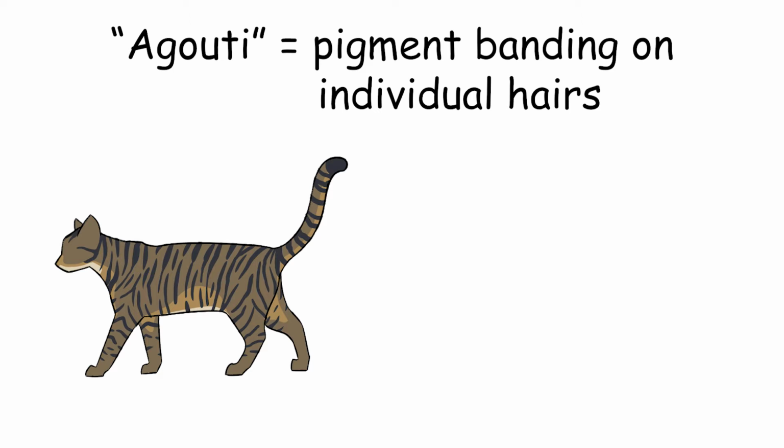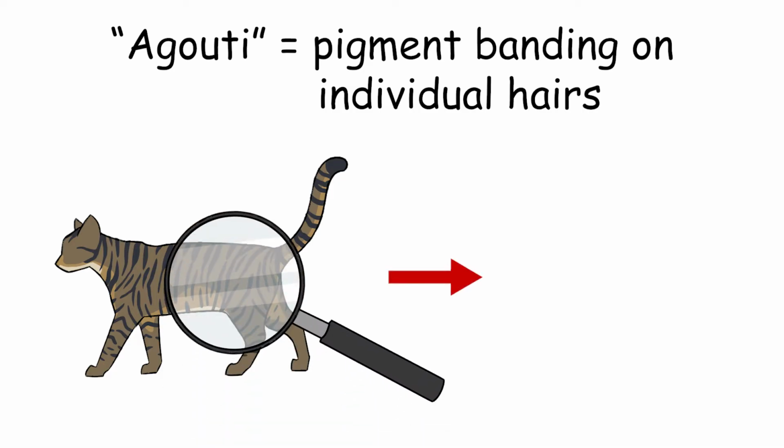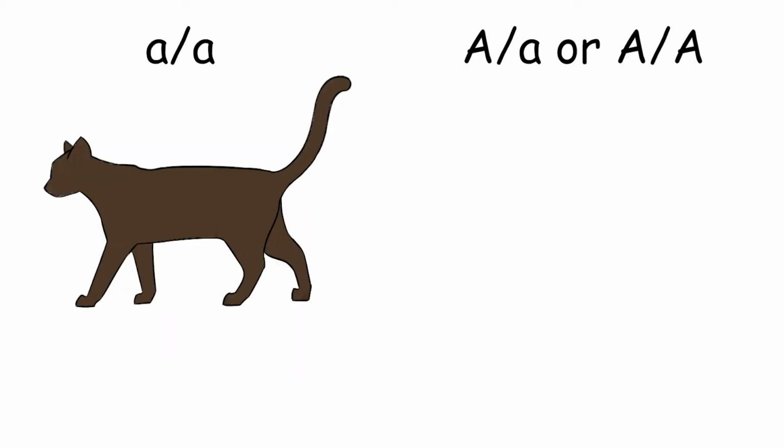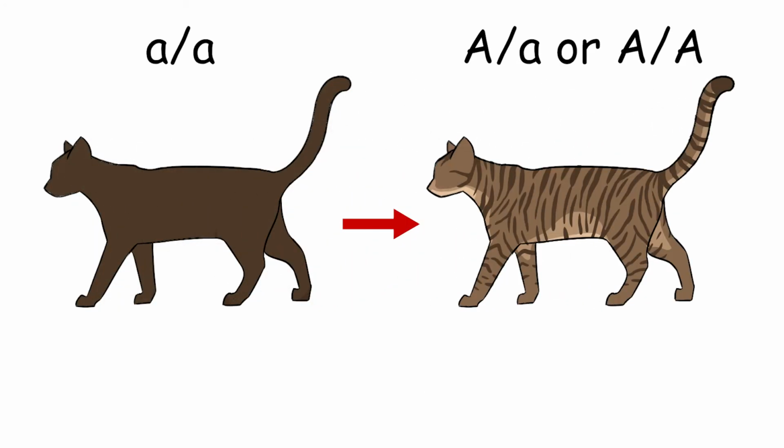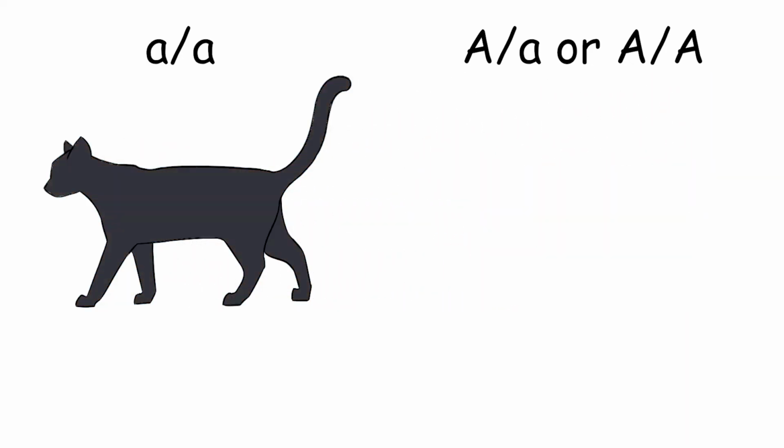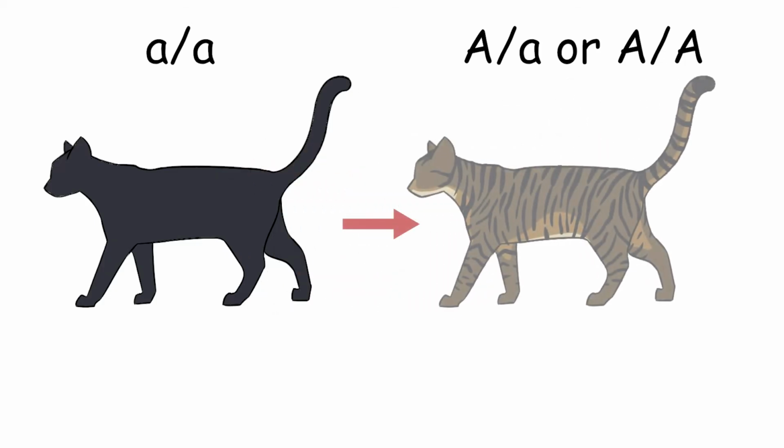The word Agouti refers to the banding of pigment on a cat's hair. If you look really closely at an individual hair from a tabby cat, possibly with the help of some kind of magnifier, you'll see alternating color bands along the shaft. With Agouti, chocolate cats become chocolate tabbies, cinnamon cats become cinnamon tabbies, so on and so forth. But black cats become brown tabbies.